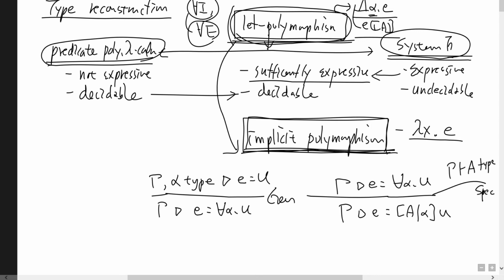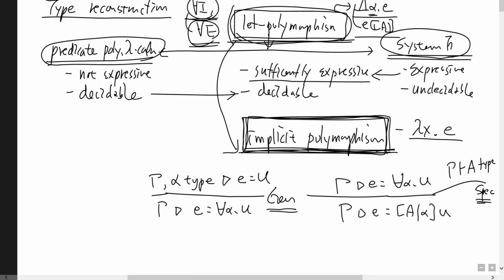So implicit polymorphism employs this generalization rule and specialization rule instead of the for all introduction rule and for all elimination rule in let polymorphism. Now we are ready to develop a practical type system based on implicit polymorphism.